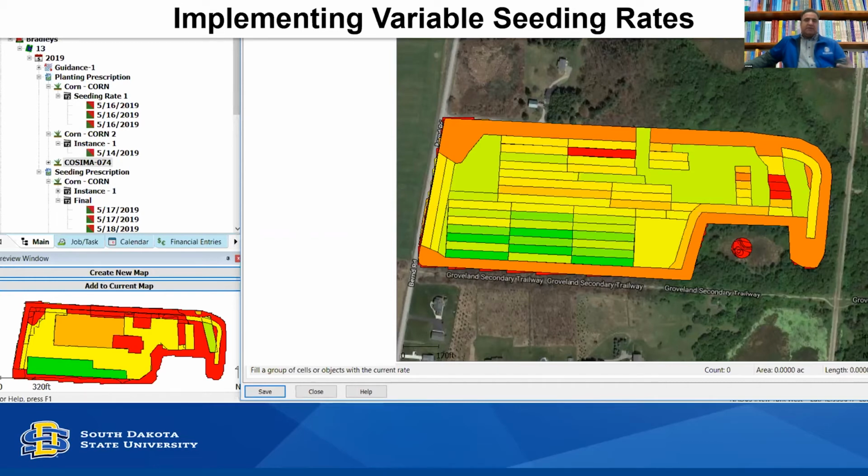For example, we need to implement variable seeding rate and adjust the rate recommendations by seed companies for our condition and practice management. We use the yield data to create zones, but still sometimes we want to check whether these recommendations by companies are good for my practice or not. Maybe my situation is different, so I want to make sure I am doing it right based on the recommendation.